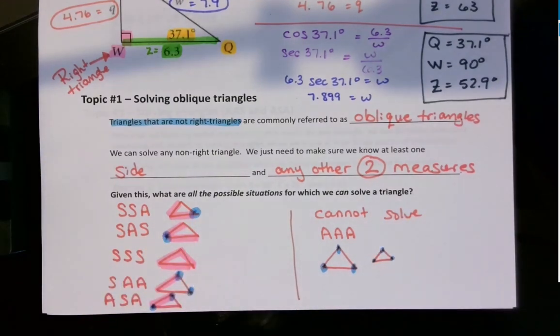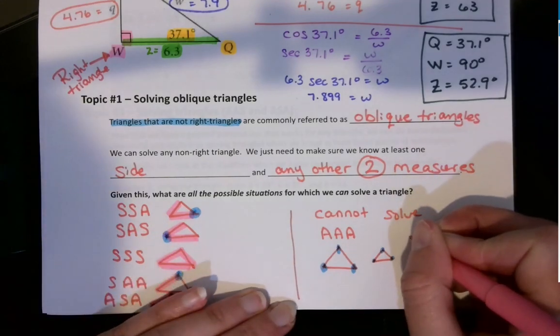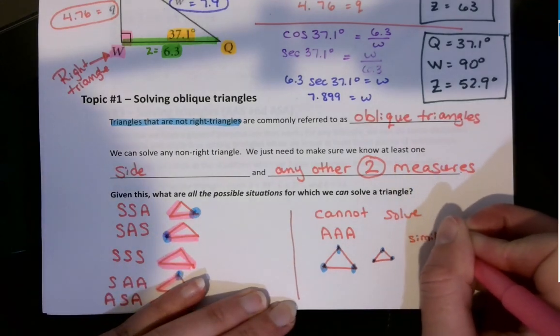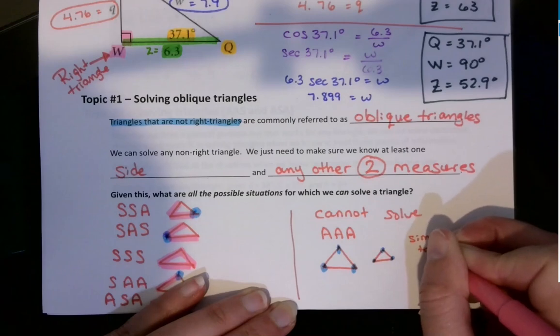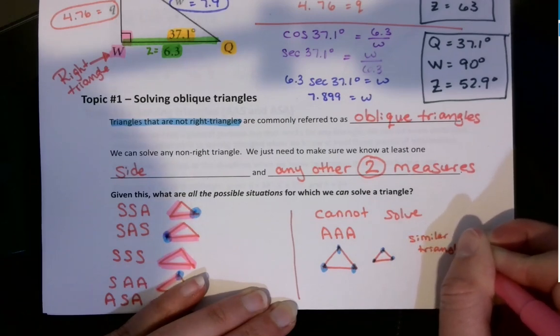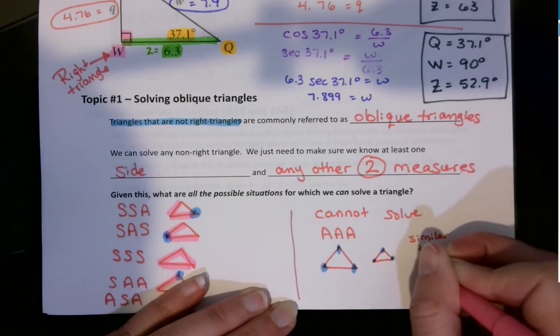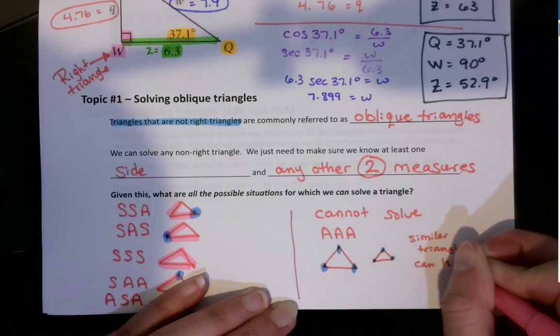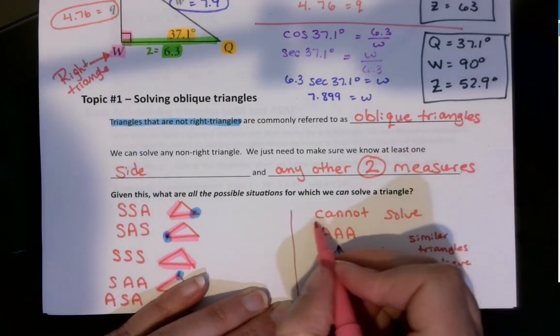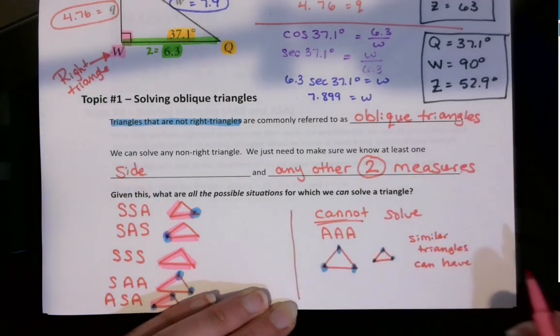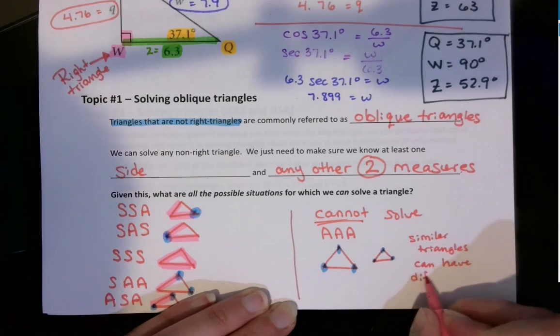And therefore, it's not possible to find the sides, right? Because similar triangles can have different side lengths. So that's why it's not possible to solve if I only know the angles, because they can have different side lengths.